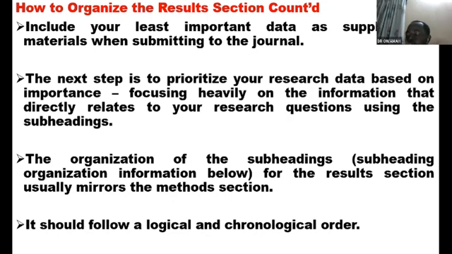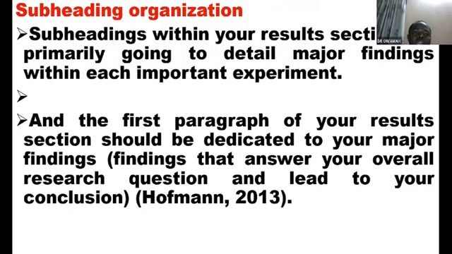Let's assume your result and discussion is section 4. Then you can begin to say 4.1, 4.2, 4.3, and what have you. It must also be in chronological order, so after 4.1 comes 4.2, after 4.2 comes 4.3. Now, subheadings within your result section are primarily going to detail major findings within each component experiment.